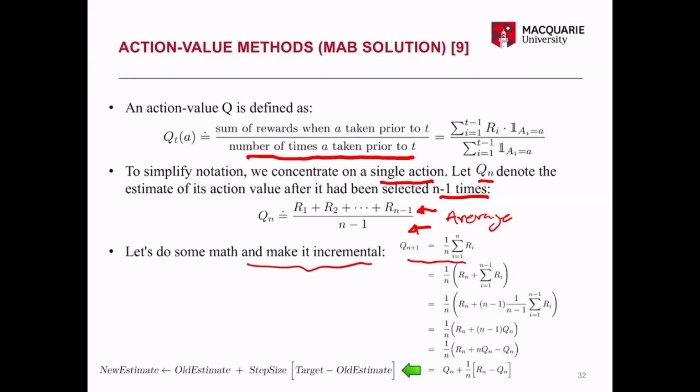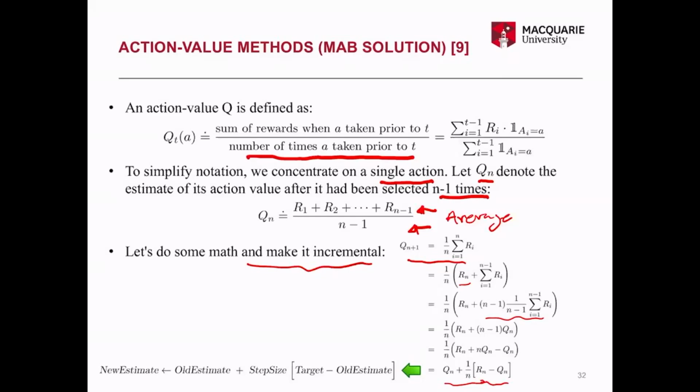As you can see, we extract the last reward from it, and we juggle around some of the expressions. And in the end, we have this. So for Q's next value, if you want to update it, you gather one more reward and subtract from it what we had.